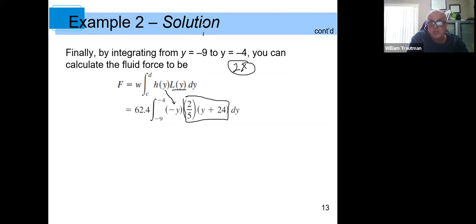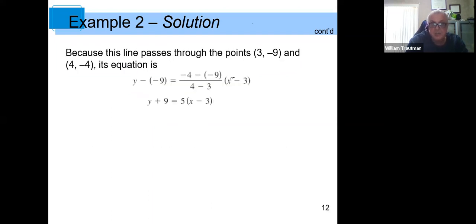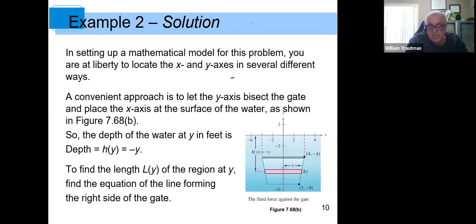Let's go back to the picture really quick. I wasn't even worried about what we're integrating to yet. I wanted to get to that formula. That's the setup, the main part that we wanted to see. And you see, it says we're integrating the whole plate from -9 to -4.